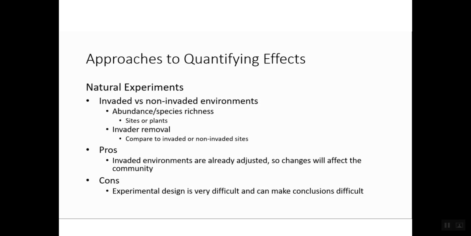Something else they can do is invader removal, so they can compare the removed sites with non-invaded sites. Some of the pros to this is that the invaded environment's already adjusted, so changes will affect the community overall if they decide to remove the invaders or do any kinds of tests. The cons to this is that experimental design is very difficult, which makes it difficult to come to any conclusions.